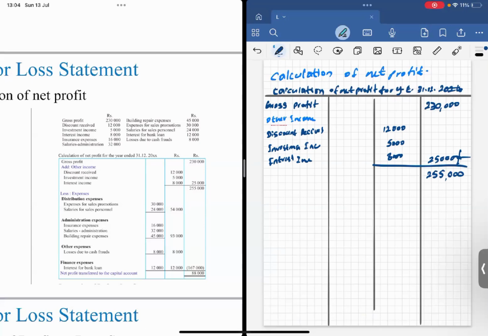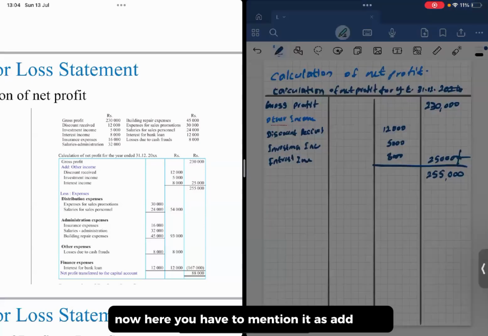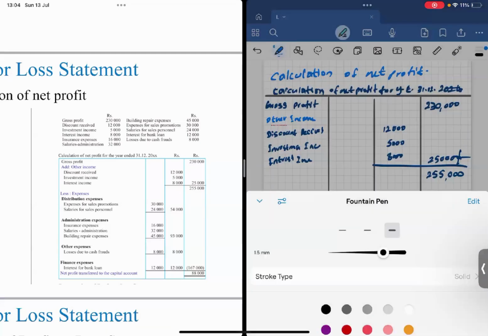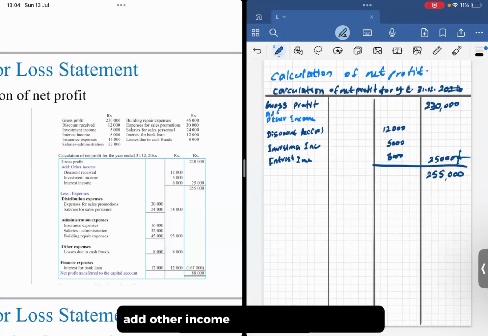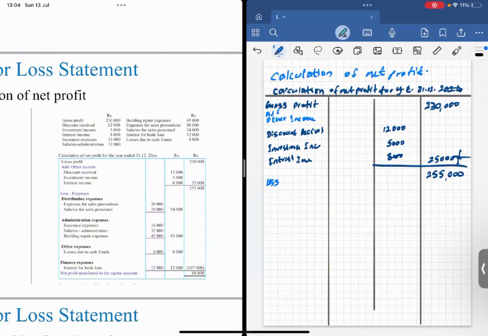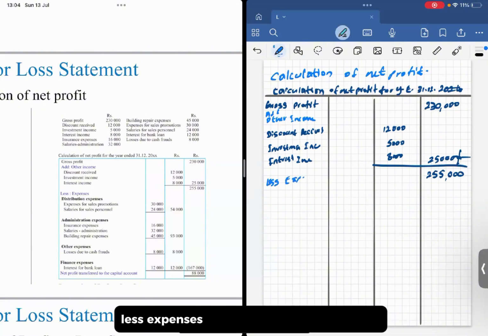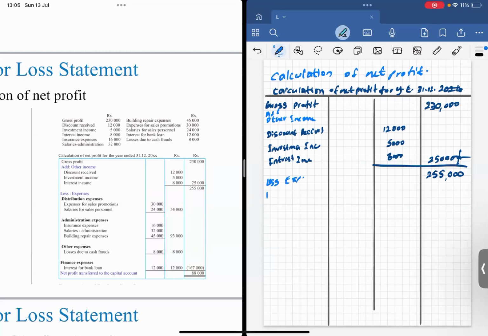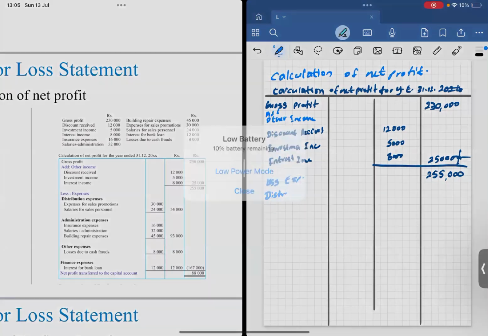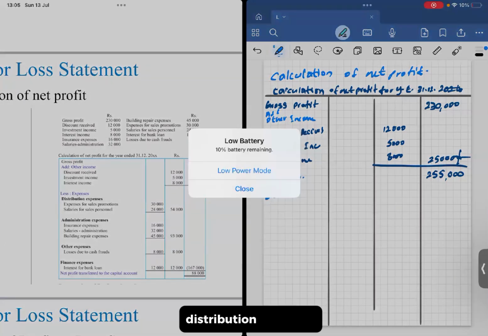Now here you have to mention it as add other income. I have not mentioned it. Then less expenses. We have expense categories. Distribution expenses.